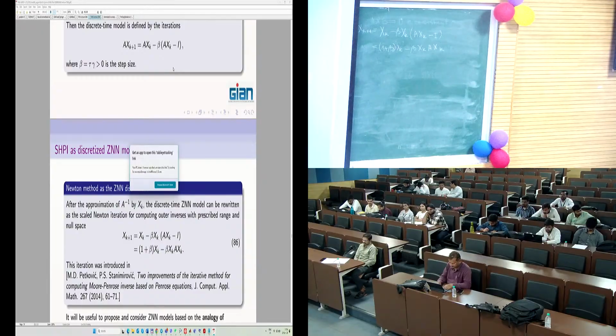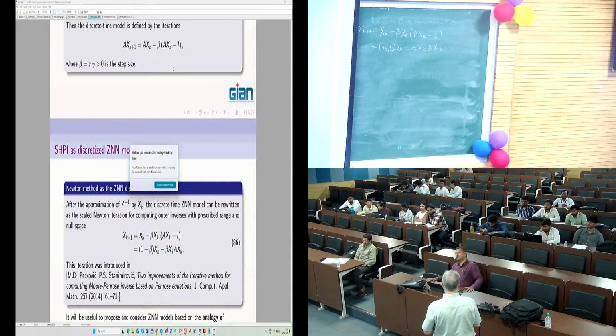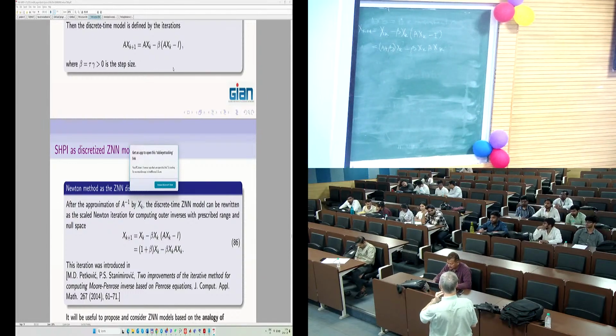So the ZNN discretization result is a scaled Newton iteration. Why not exploit this and use a high order iterative method to define ZNN dynamics equivalent to the second order Newton iterative method?